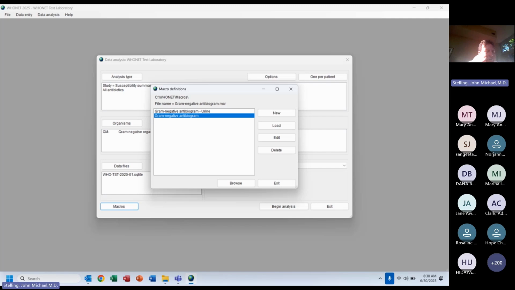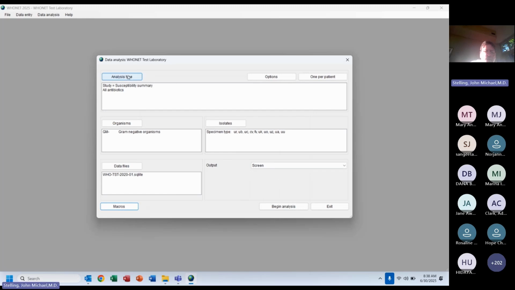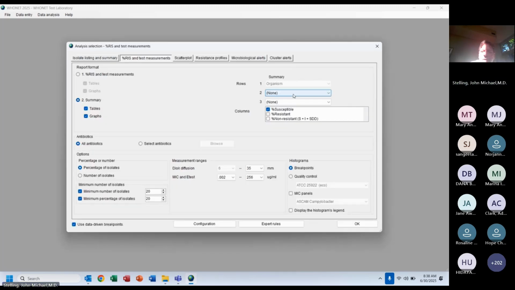You can also do, I'll do that example. Okay, good. I'm going to click on exit. So I have 2 macros that I can utilize later. Exit. Analysis type. Here you see variable 1 is the organism. It's a summary, and you always see the organism by row.